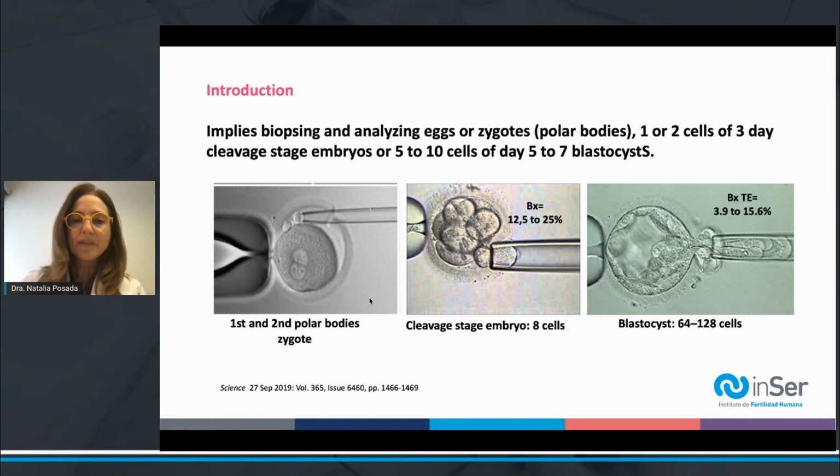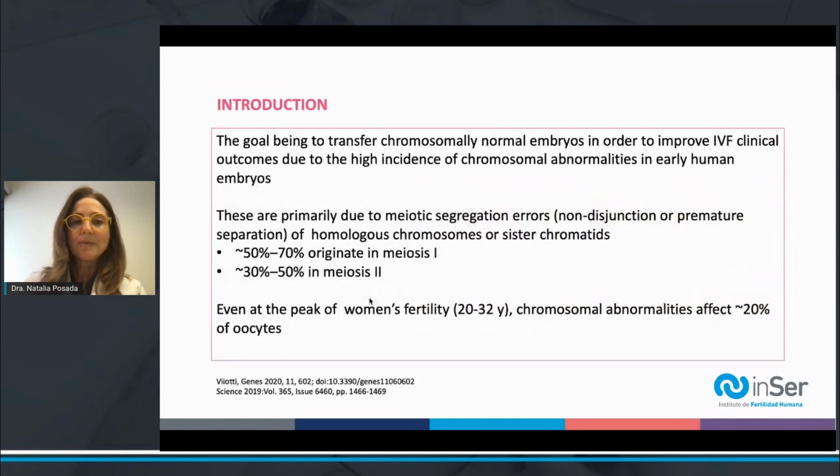And the reason to do this testing is to transfer chromosomally normal embryos to the endometrial cavity in order to improve the outcome of IVF procedures.